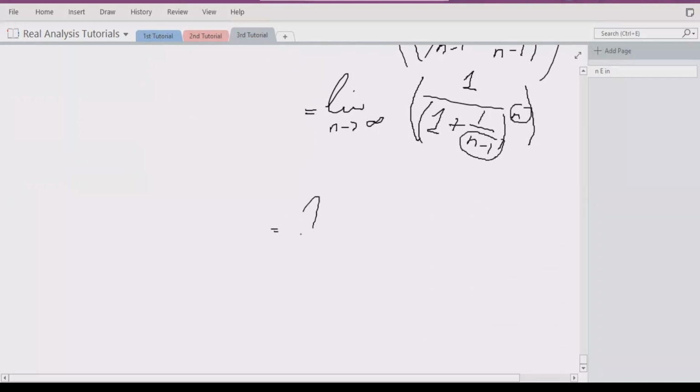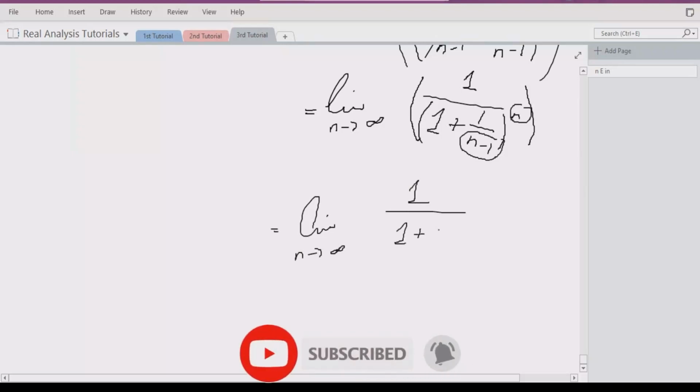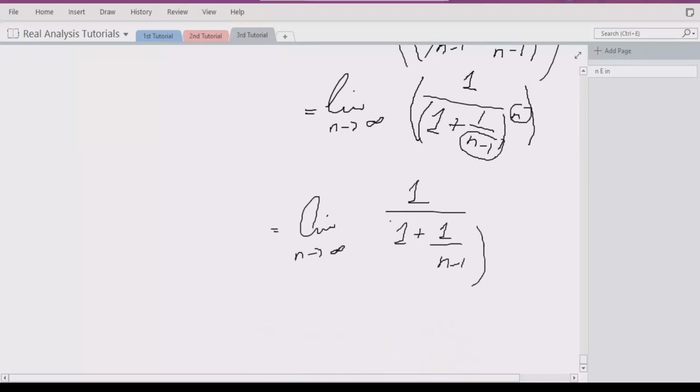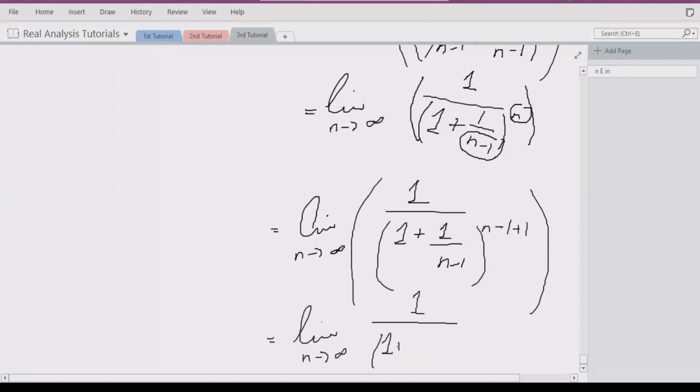So in the next step it becomes obvious that I can add or subtract 1, and since we have n here, I can subtract 1 and add 1. So it can be written as 1 plus 1 over n minus 1 to the power n minus 1, times 1 plus 1 over n minus 1, again with power 1.